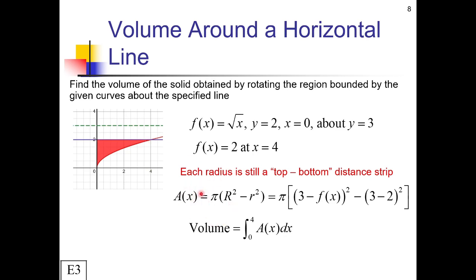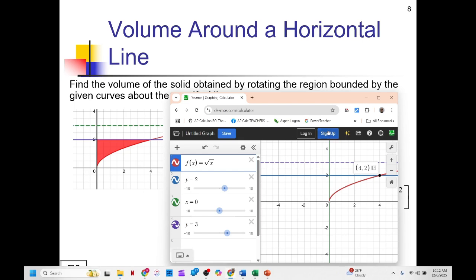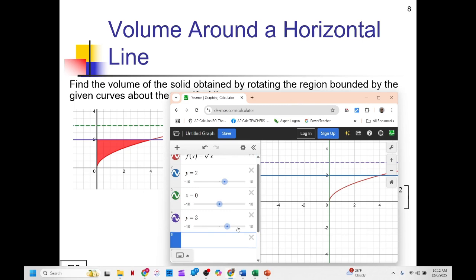It's really nice not having to rewrite all of this if we've already defined it. So let me go onto the calculator and put all this in. Actually, let's do our area formula first.